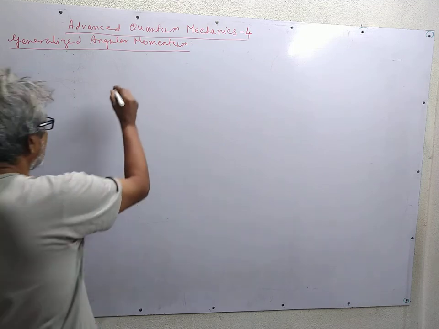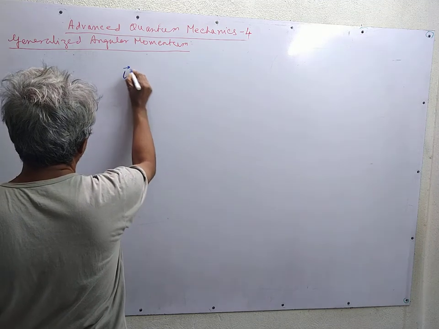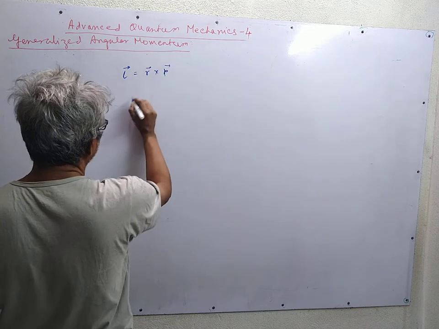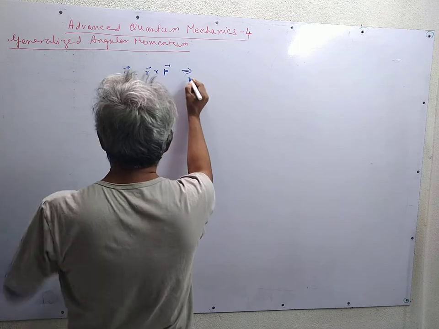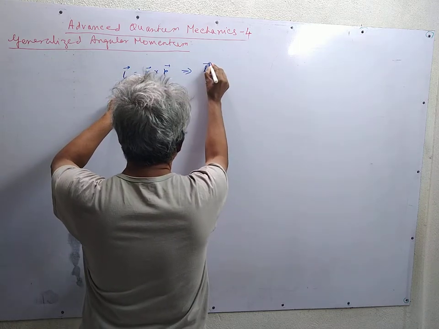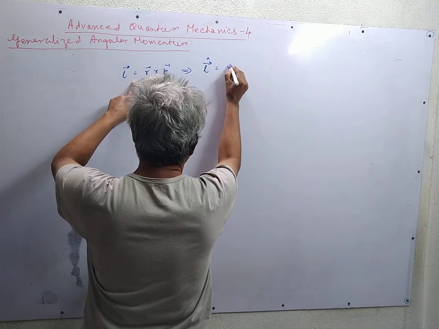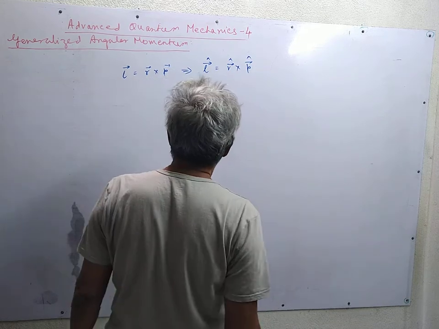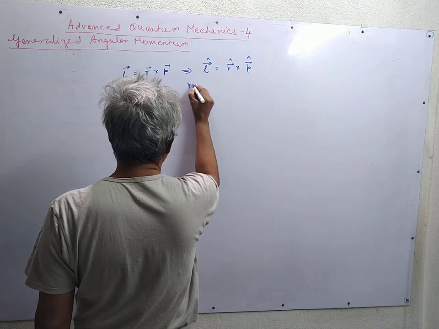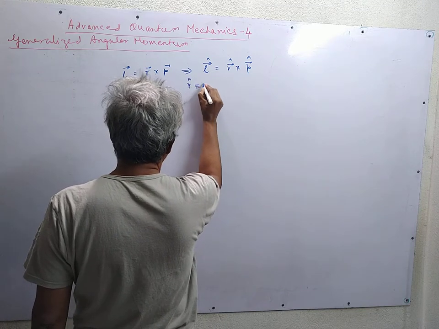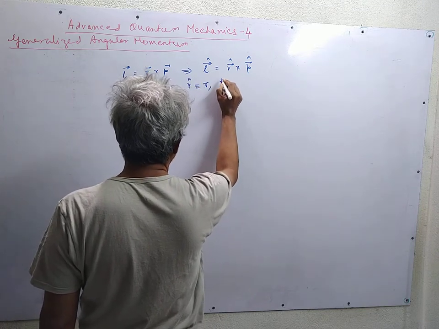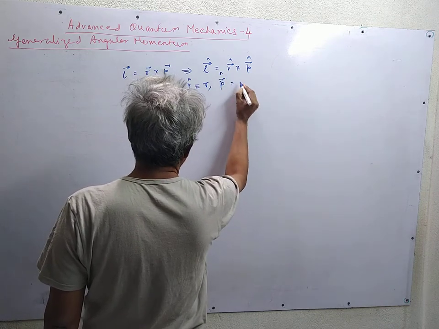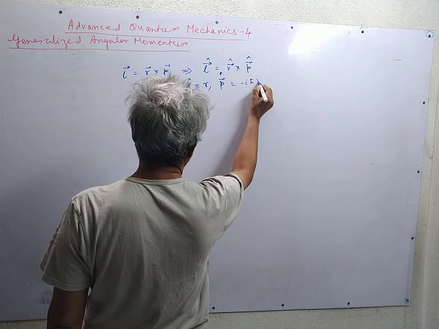We started the problem from the classical expression that the orbital angular momentum L is r cross p, and then using the Bohr correspondence principle we obtained the operators corresponding to this. In position basis, the r operator is r itself and the p vector operator is minus i h-bar cross nabla.